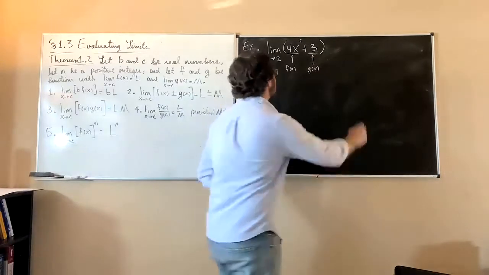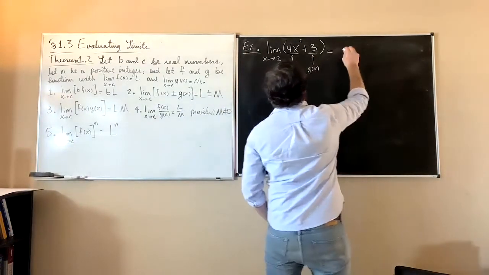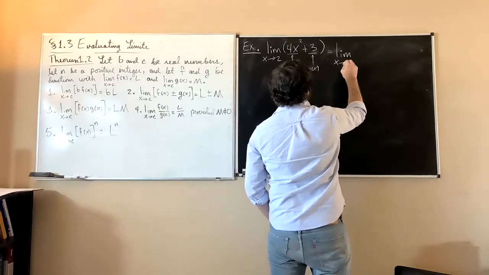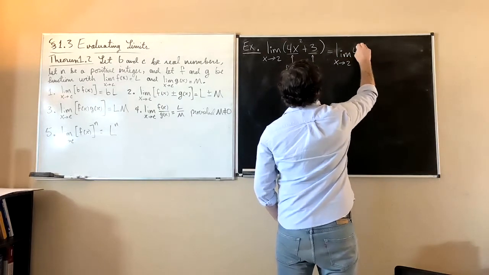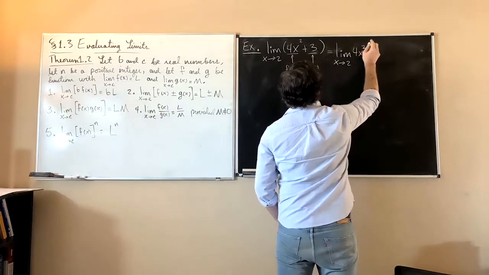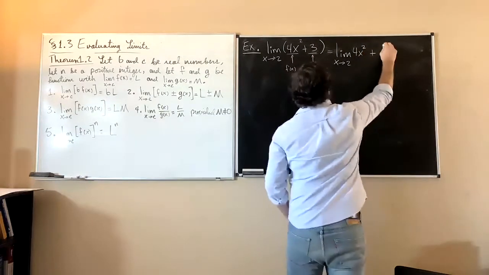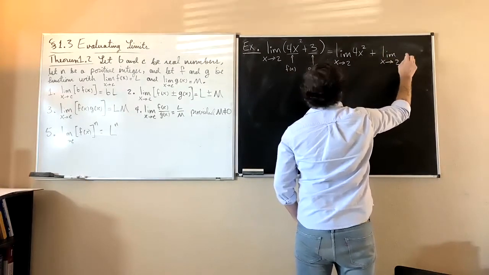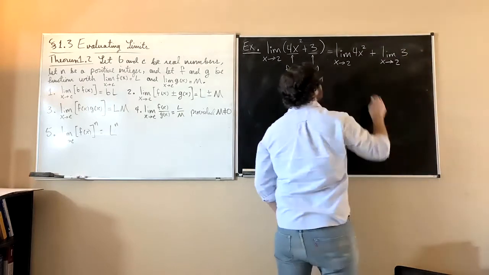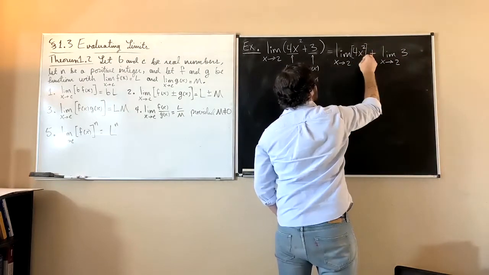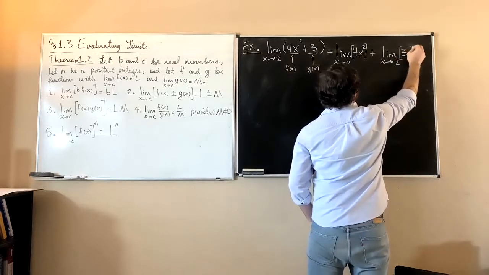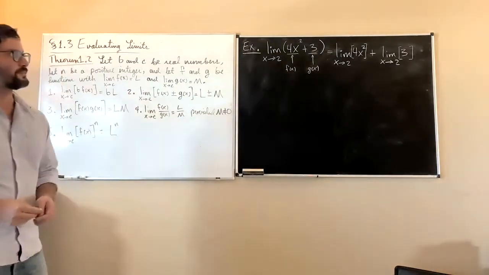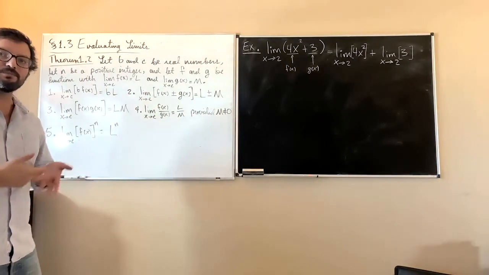So this would be the limit as x approaches 2 of 4x squared plus the limit as x approaches 2 of the function 3. Just by applying that rule.